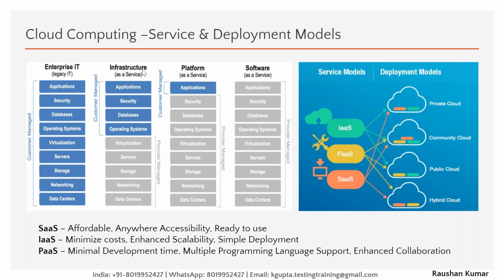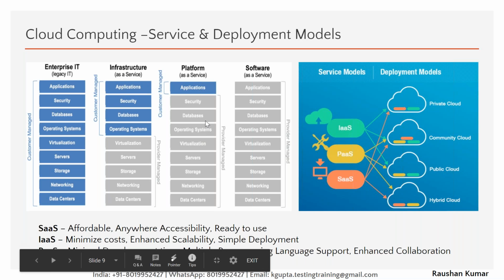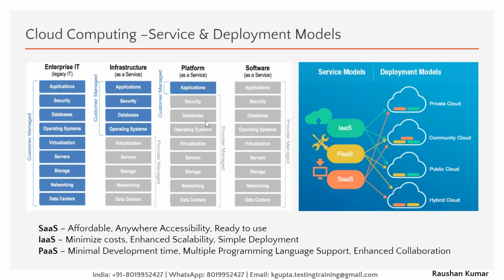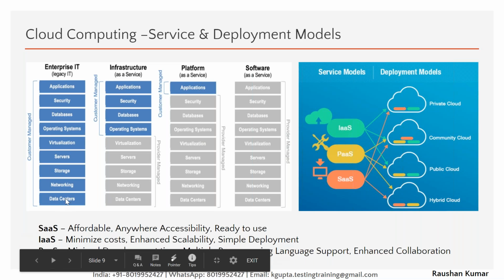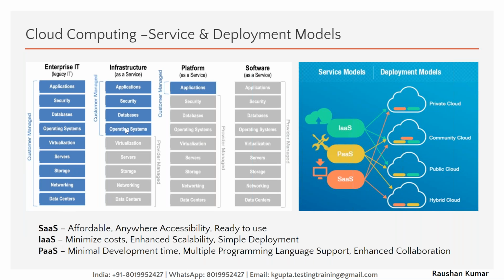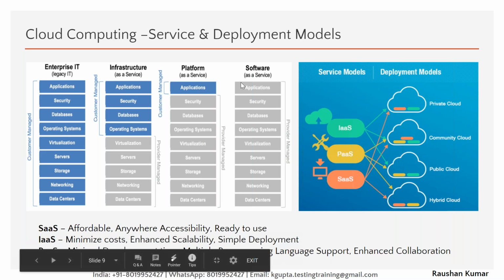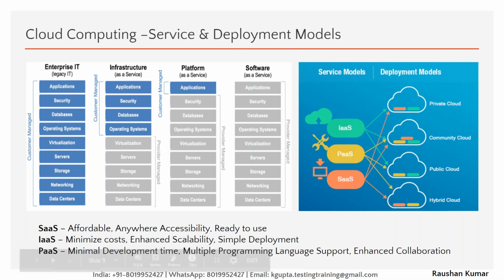First of all, in all these services, I don't need to purchase land, set up my data center, construct a building, or purchase any hardware. I'm not purchasing data center or networking here, but I'm going to leverage everything of the cloud provider.